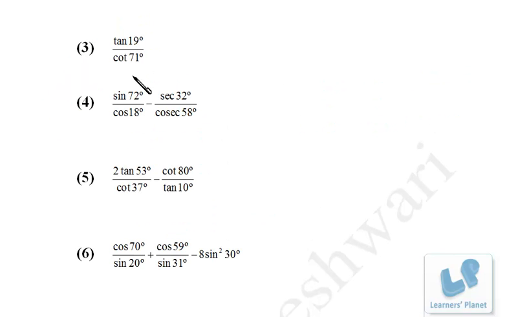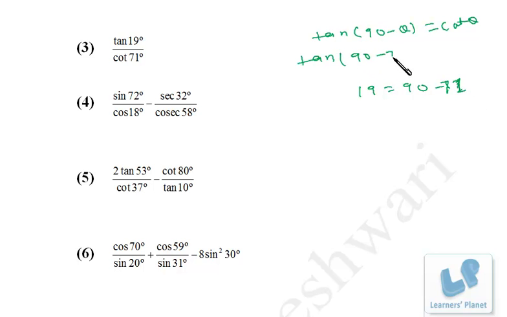In this question, tan and cot. Now further, tan 90 minus theta is equal to cot theta. So what I do is, I write 19 as 90 minus 71, right? 19 will be what? 90 minus 71, right? So instead of 19, I can write 90 minus 71.